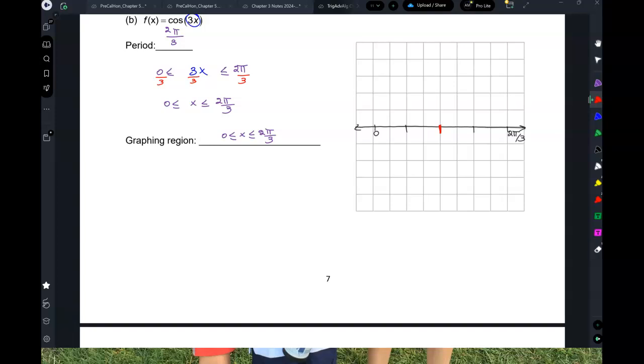So back in the day, you learned that to find the midpoint of two things, you add them and divide by 2, right? So to get that point, you add 0 plus 2 pi over 3. Then you divide by 2, which is like half times that, okay? So that will be half times 2 pi over 3, which is pi over 3.